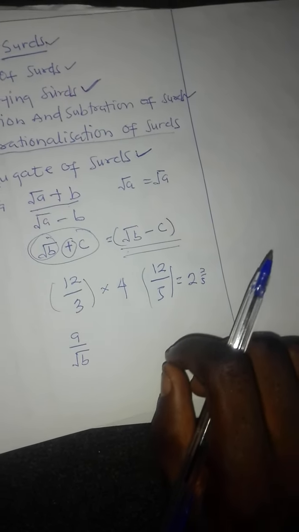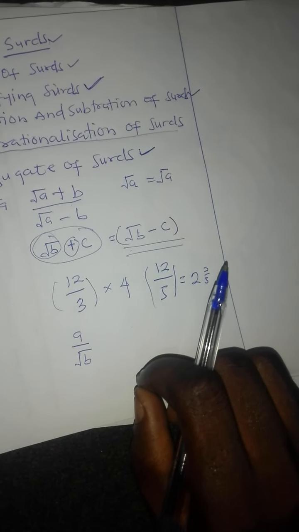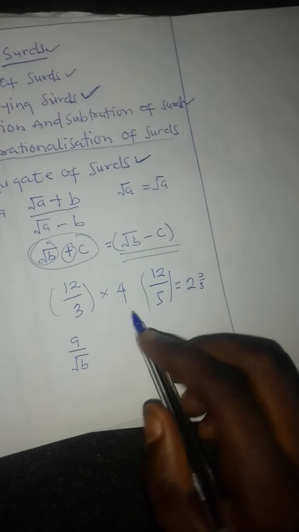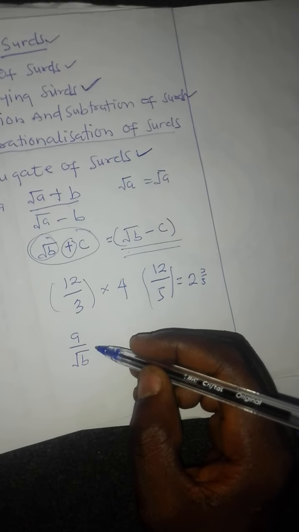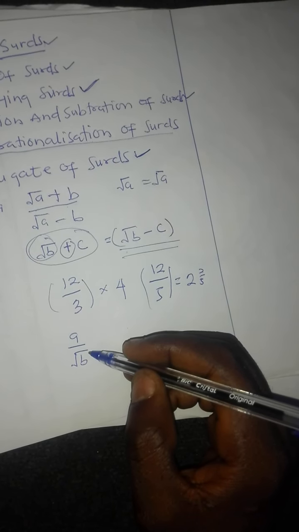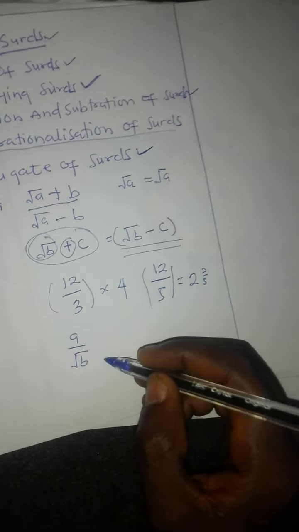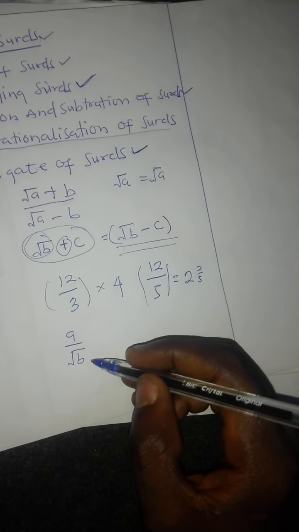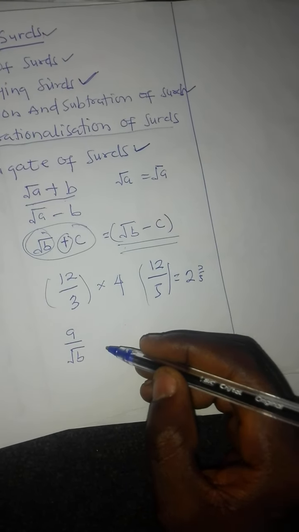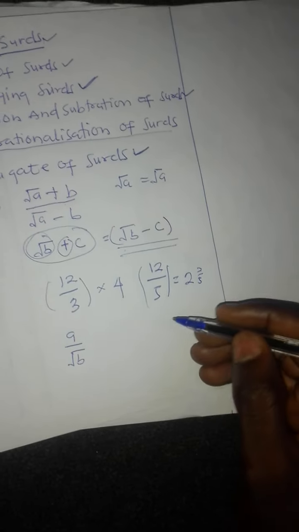So in short, one of the principles of surds is that you do not put a surd as the denominator. So every surd must be placed as the numerator.